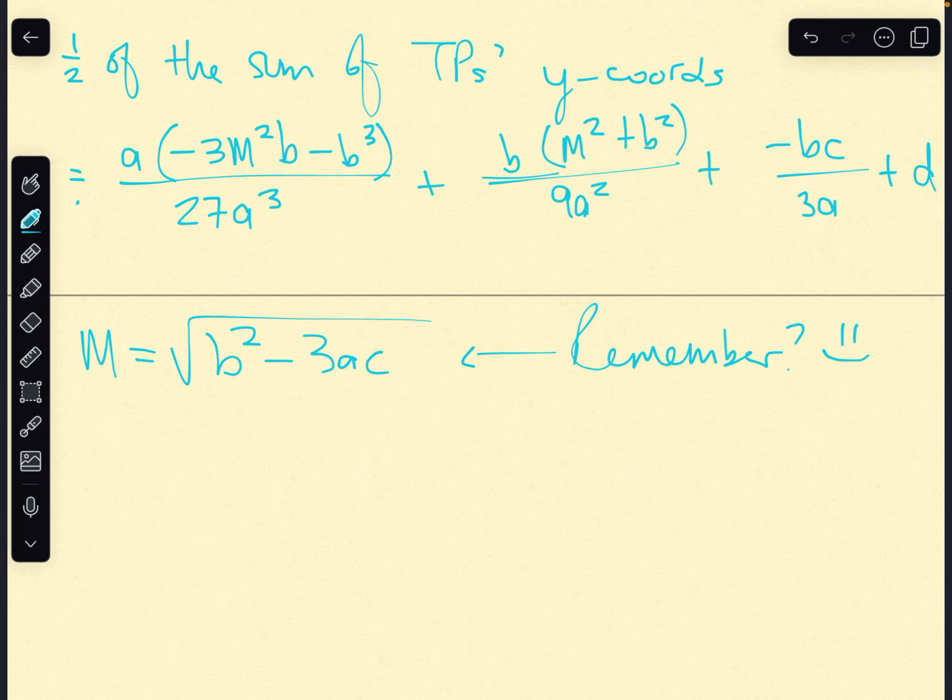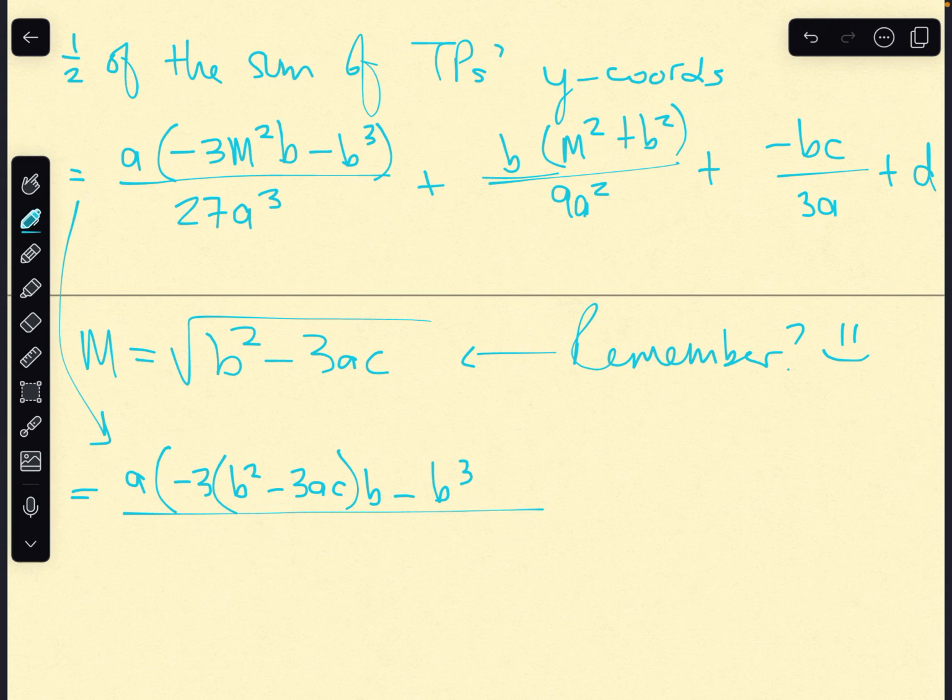Okay, so this is actually then going to be equal to a times minus 3, and then this squared will just get rid of the square root. Ooh, it's about to get interesting up in here, y'all.